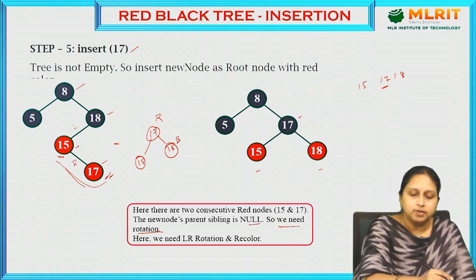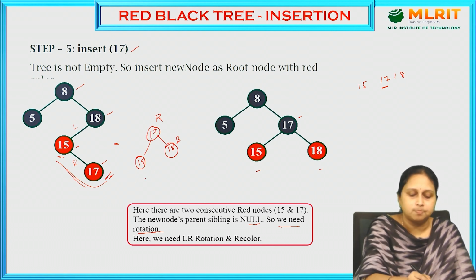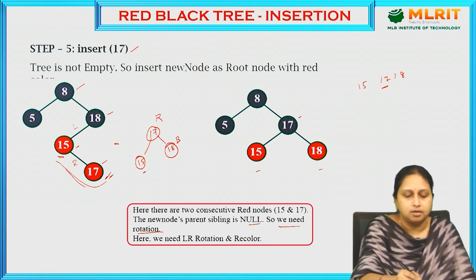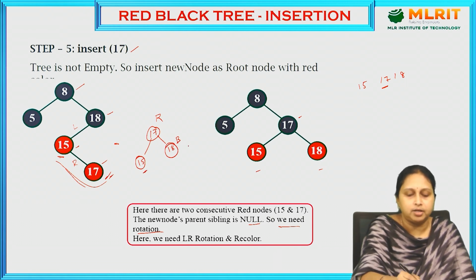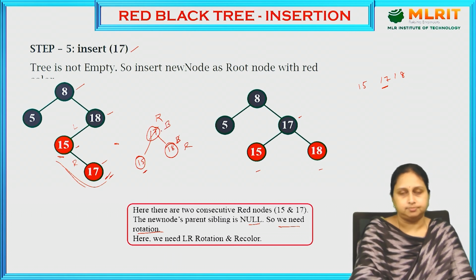Now, we need to recolor it. Which of the colors do we need to change? Here, recolor according to this. Here, 15 is already in red color, right? We need to recolor this one to red, and 17, already in red color, should be converted to black.